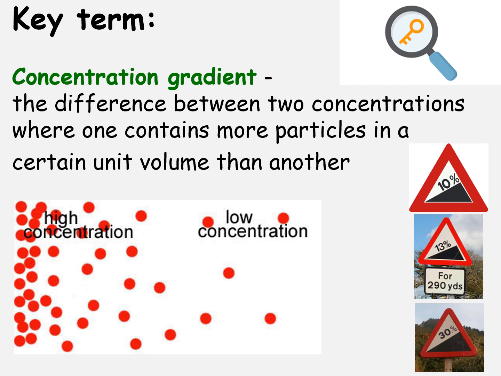And I've just put these road signs on the right of the screen just to show you that the bigger the gradient, the bigger the difference in concentration, and that does have an effect on how quickly the particles will move. Just a moment to write that down if you haven't already done so.